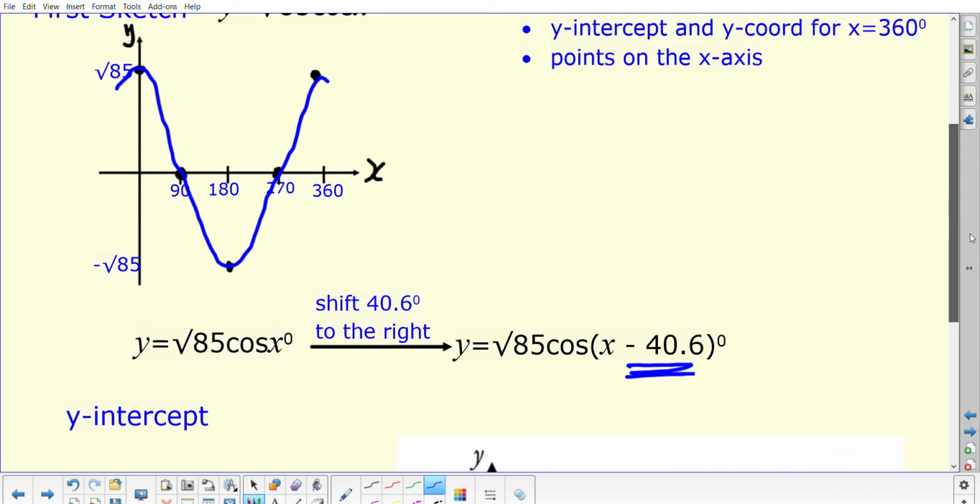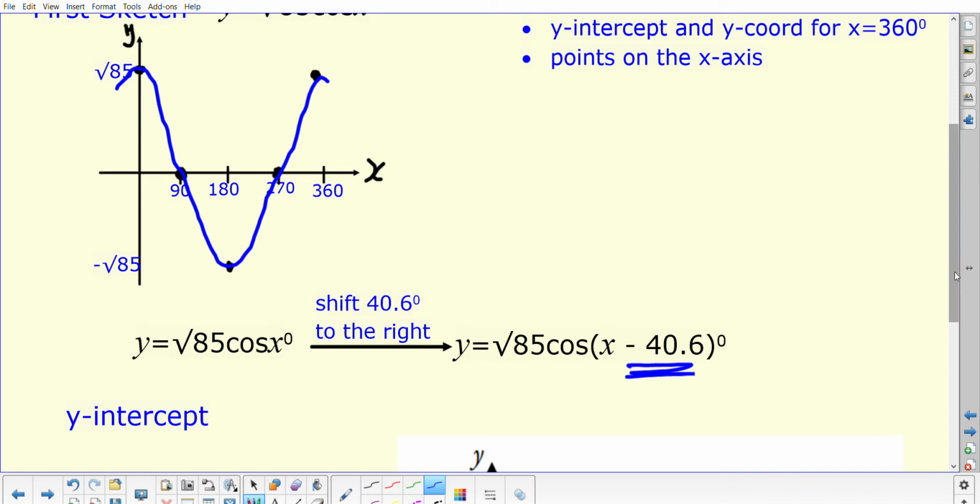So all of the points that we've got here, basically the same shape, but sliding the graph 40.6 to the right. So that means you're going to add on 40.6 to the 90, so that's going to give us 130.6 where it's crossing the x-axis. Likewise with the 270, you're going to add the 40.6, so you're going to have 310.6, and so on.